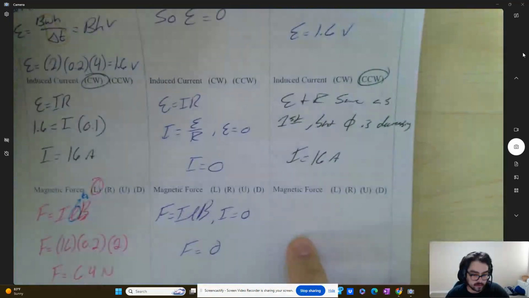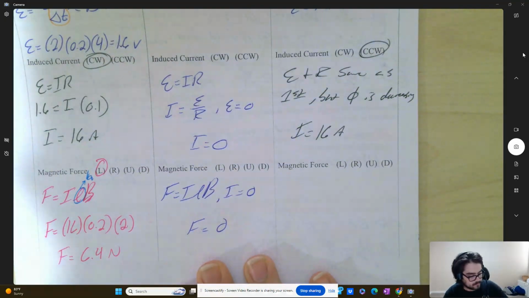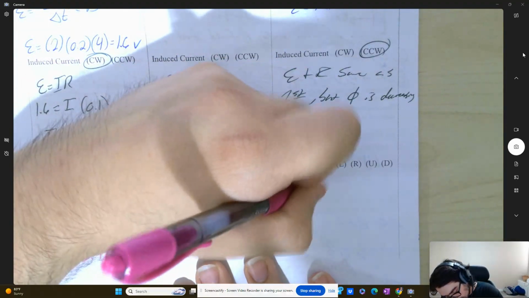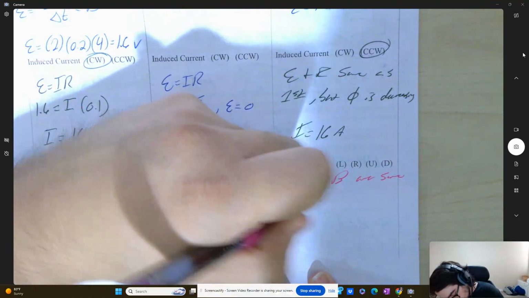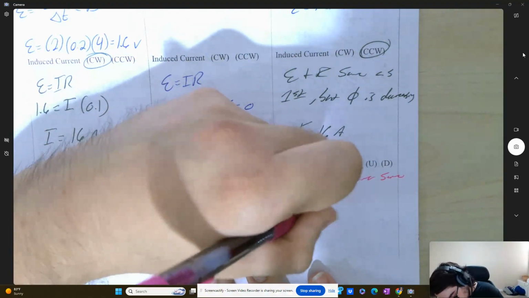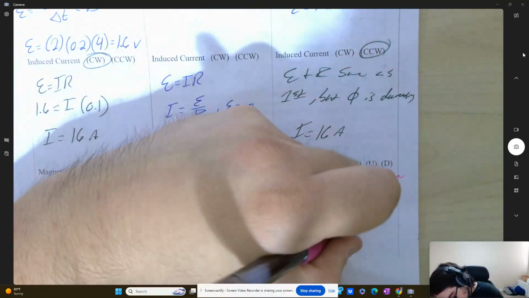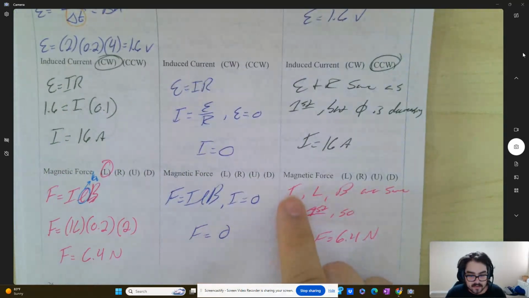The magnetic force, again, current is the same, so I, L, B are the same as the first column. So F would also be equal to 6.4 newtons. What direction is the magnetic force acting?